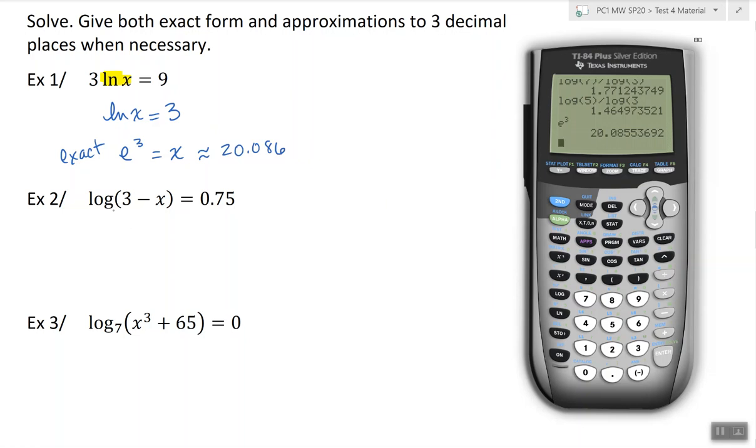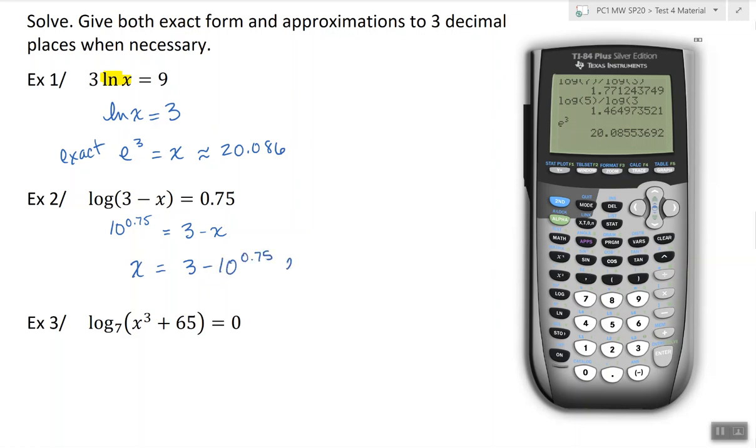For this one, we have a common log, so the base is 10, and we already have the first step done for us. The log expression is isolated, so we can go ahead and change to exponential form, and there we are. To isolate the x, we can just say x is equal to 3 minus 10 to the 0.75.